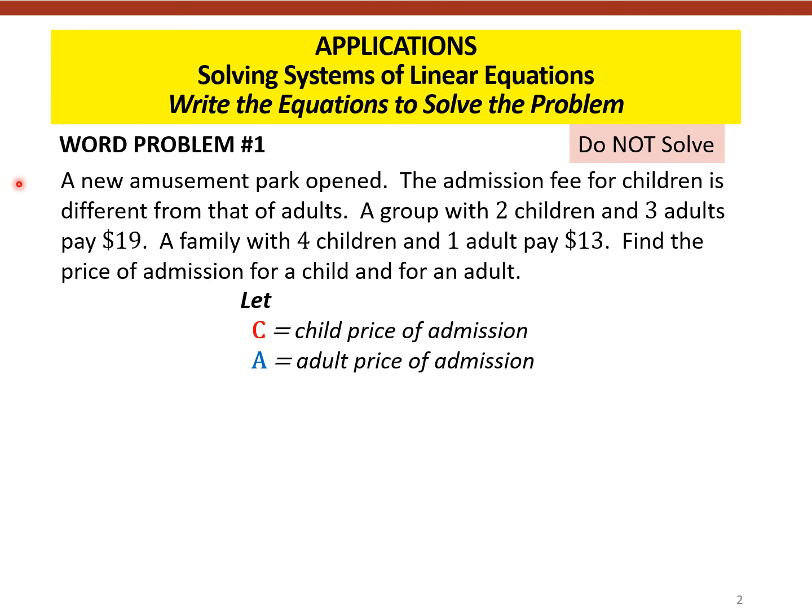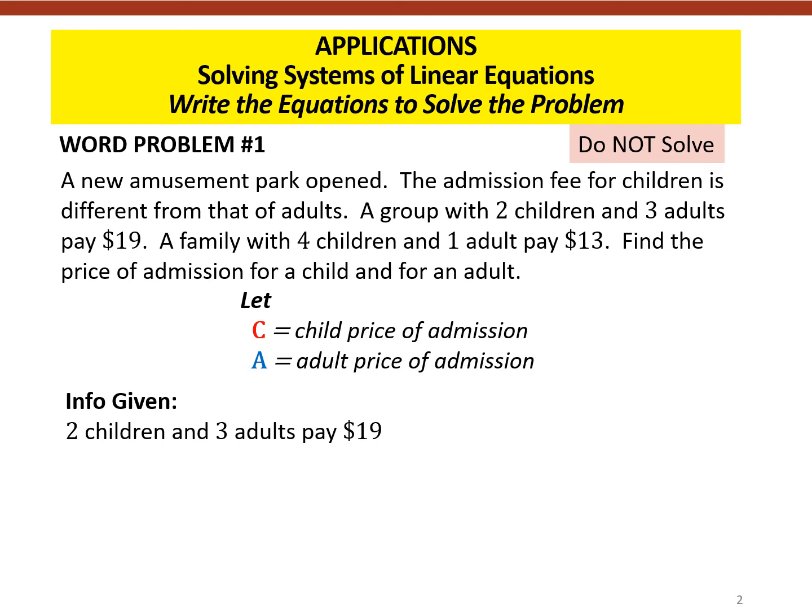Okay, they're not giving me any particular information here. A group with 2 children and 3 adults pay $19. So right away I've got a full sentence there. I have a group with 2 children and 3 adults, and they're going to pay $19. So the information given: 2 children, 3 adults paying $19.